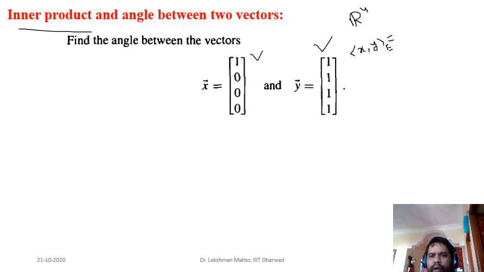How do we define inner product? We just multiply component-wise and sum it up. That means 1 times 1 equals 1, plus 0 times 1 equals 0, plus 0 times 1; the other components give 0. So what is the inner product between x and y?